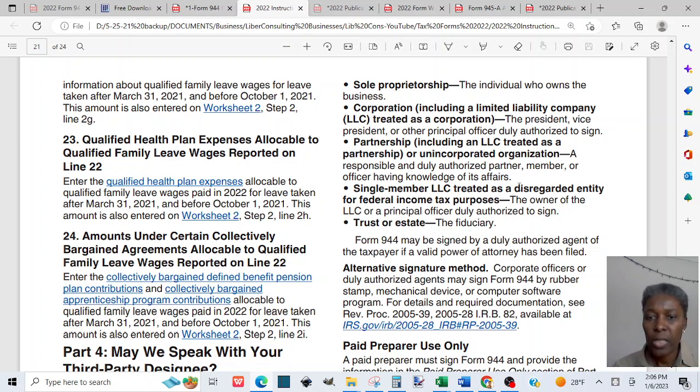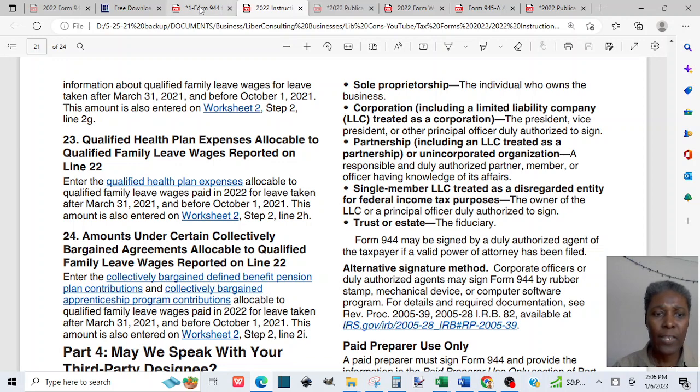And a single-member LLC: if you are the only owner of that LLC, for tax purposes you are considered a sole proprietor. You the owner put your name, your title, and sign it, just like the sole proprietor option.